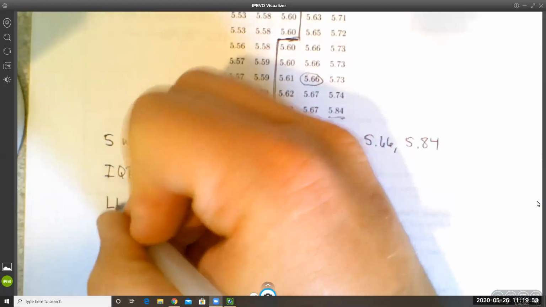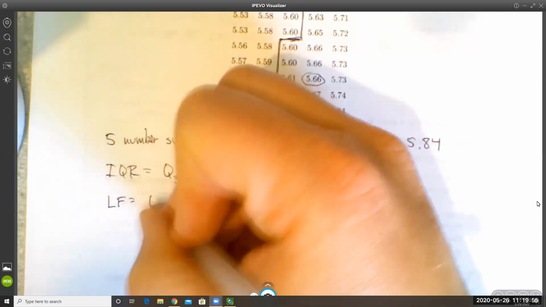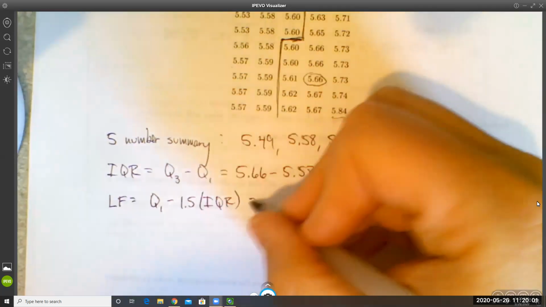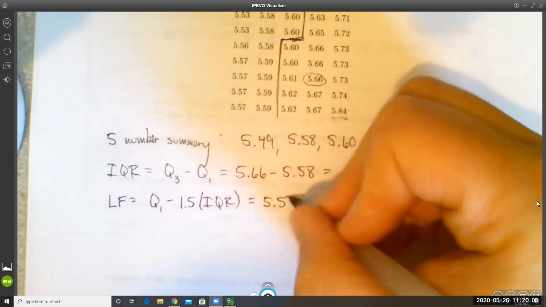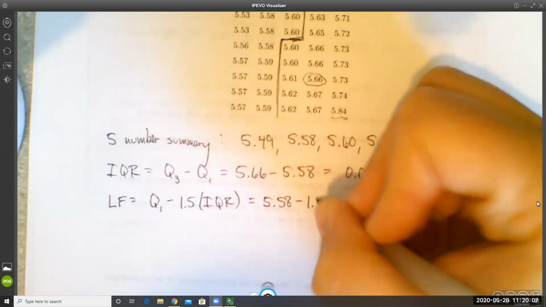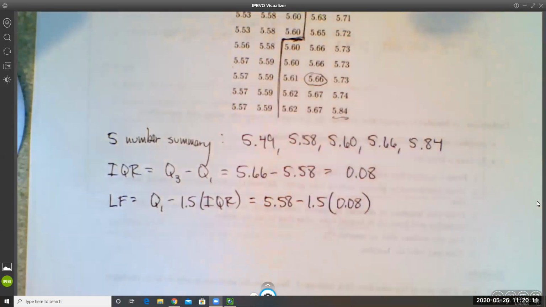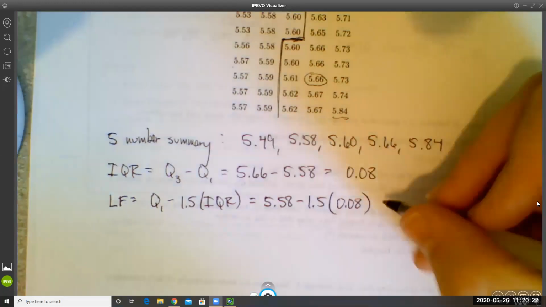The lower fence is Q1 minus 1.5 times IQR. So that's going to be 5.58 minus 1.5 times 0.08. That comes out to 5.46.